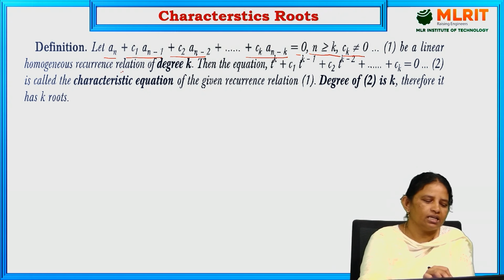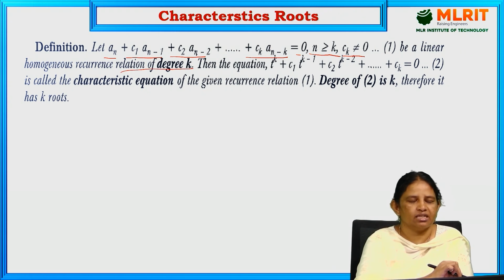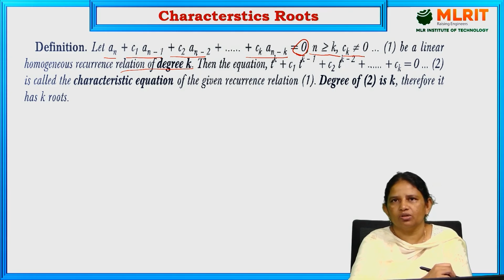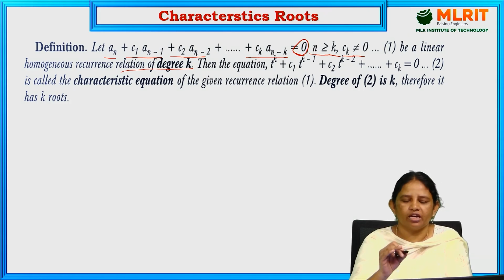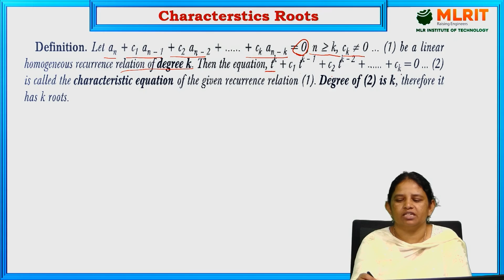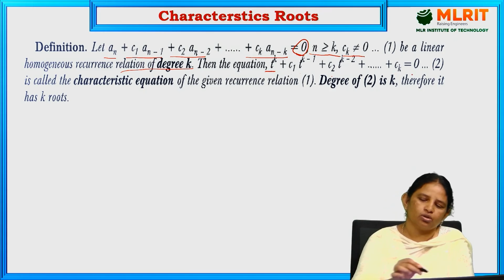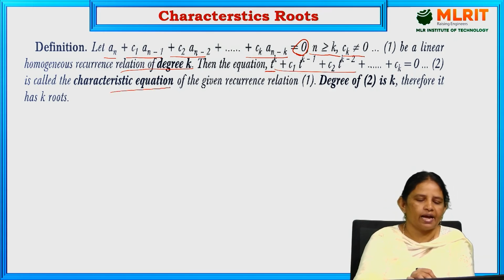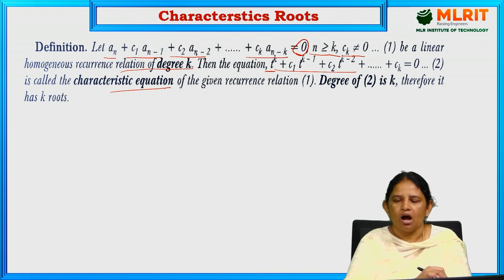This is the linear homogeneous recurrence relation. If it is in the form of equal to 0, we have to write the equation as t power k plus c1 into t power k minus 1 plus c2 into t power k minus 2 and so on ck equal to 0.